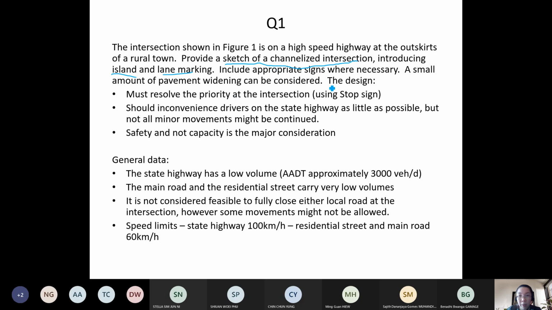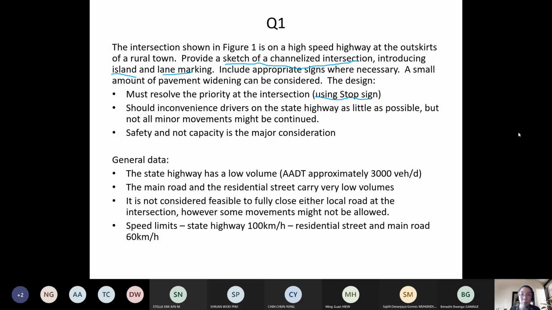Okay, so include appropriate signs where necessary, using stop sign only, not signalized. So stop sign coupled with island and lane marking. Okay, the condition mentioned should inconvenience drivers as little as possible, meaning the design should not stop the drivers.